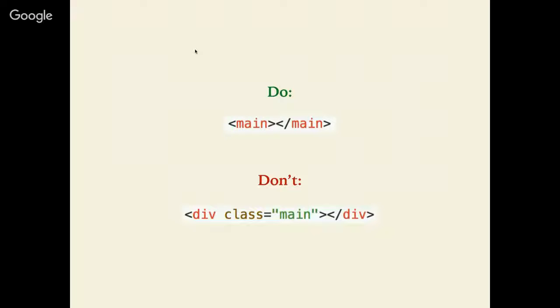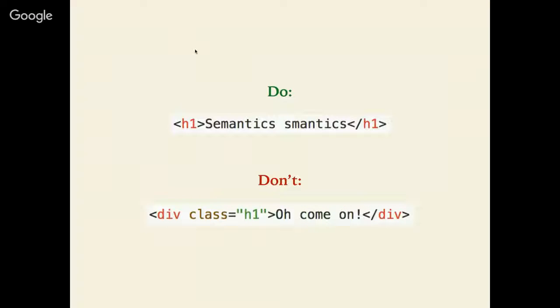There's plenty of other HTML5 elements that you can use to mark up the rest. Also use semantic headings like an H1, H2, H3, etc. And don't do stuff like a div with a class equals H1, because people that use assistive technologies can use landmarks and headings to navigate around the page.